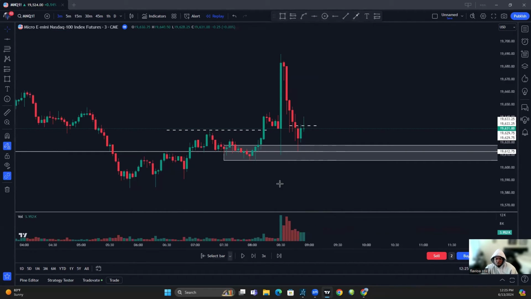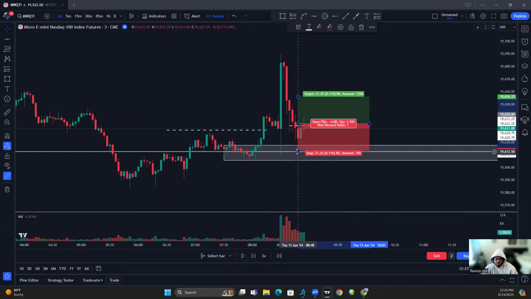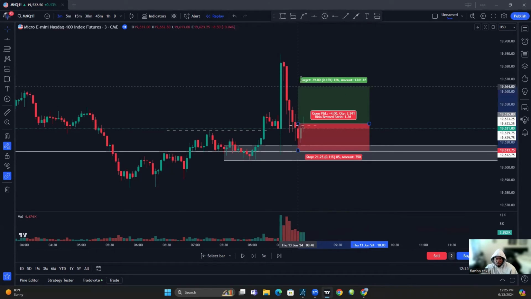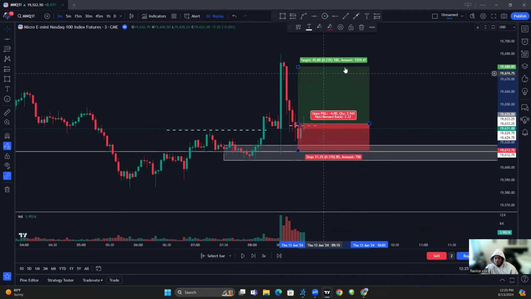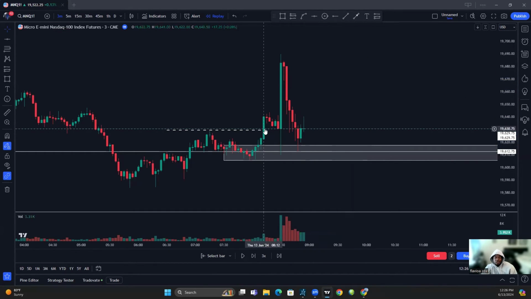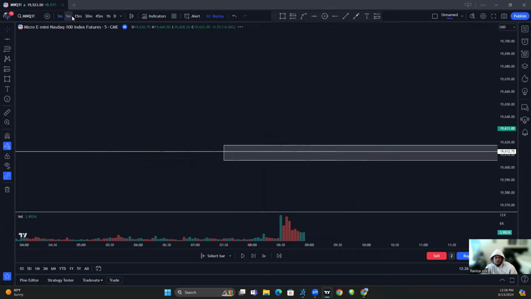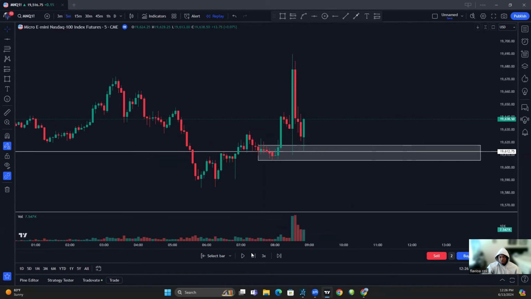So as you guys can see, once we broke, if I pull out the profit and loss, I was risking like 22 points. As you can see, a 1 to 2 would target me about 45 points reward on MNQ, which is not a lot, and that is something that NQ can very much do.